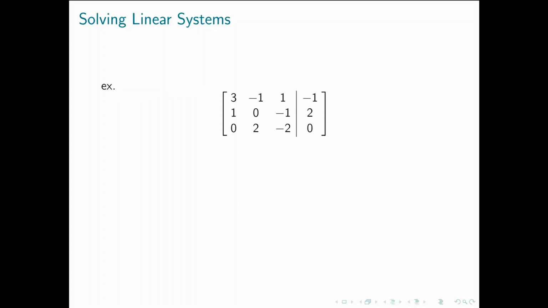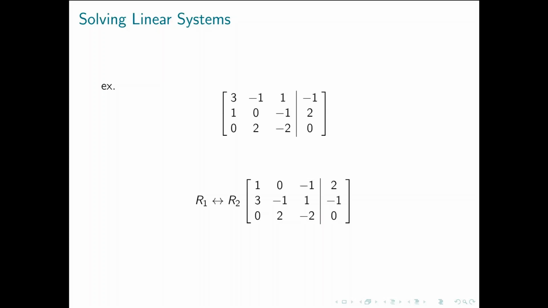So now we're going to use this system, this matrix, as an example and actually perform Gaussian elimination on it. The first thing I like to do before I get into the actual procedures is reorder my rows that have non-zero leading entries, in order of ascending leading entry.